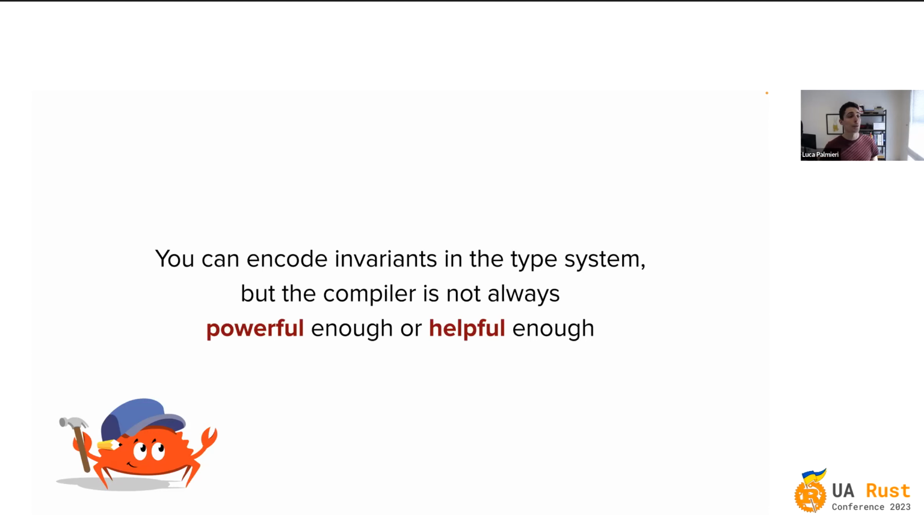You can't always do this. Sometimes the constraints you want to enforce are just not amenable to being represented in the type system. Other times you can do it, but man, is it complicated. You end up building these pyramids of traits and the errors are terrible. It's possible, but that doesn't mean you should do it. So generally, not a good thing.